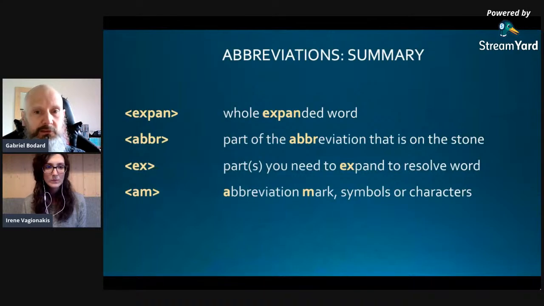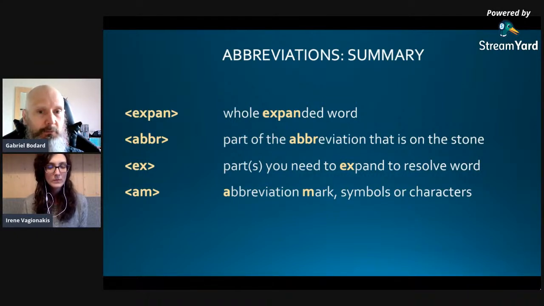The reason we think this is a neater way of encoding it is that because of the way we nest these four elements, on the one hand, we never need to repeat any characters. We never need to say the abbreviation is AUG and then the expansion is Augustus with the letters AUG written twice in the markup. So, by nesting it in that way, we don't need to. And the other thing that's neat about it is that any given element always means the same thing and is always transformed the same way if it's in the same sort of context.